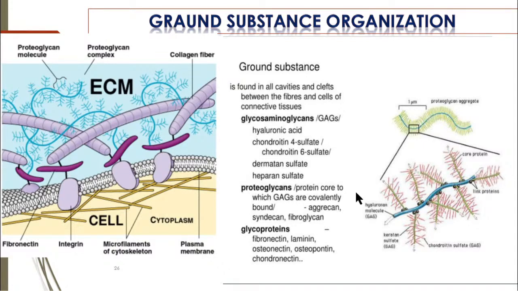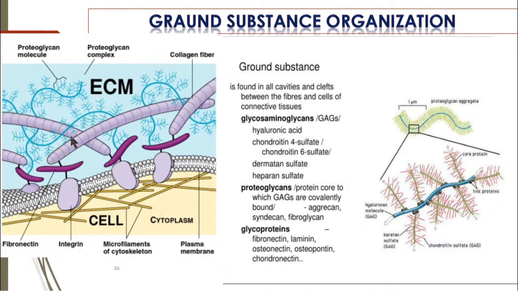A proteoglycan is a protein core to which glycosaminoglycans are covalently bound: aggrecan, syndecan, and fibroglycan. That is very well visible in the scheme. Look, this blue line, maybe a blue core, is hyaluronic acid.